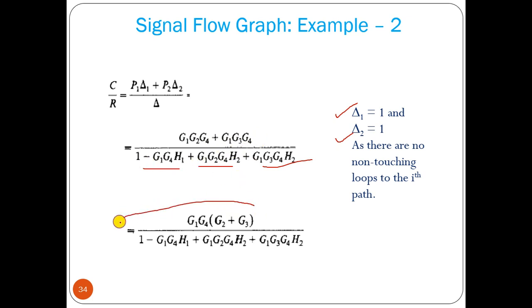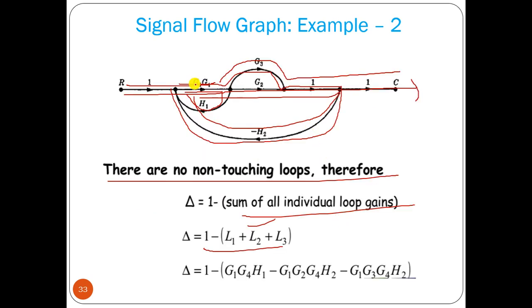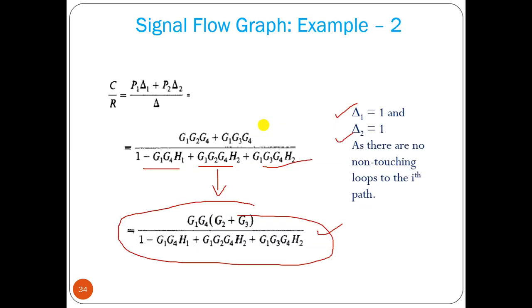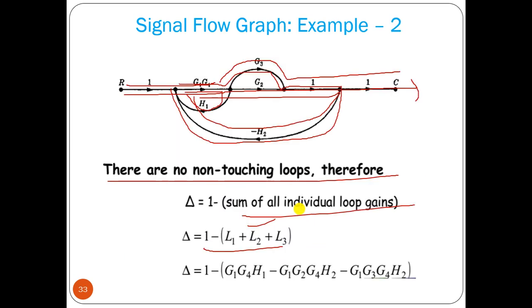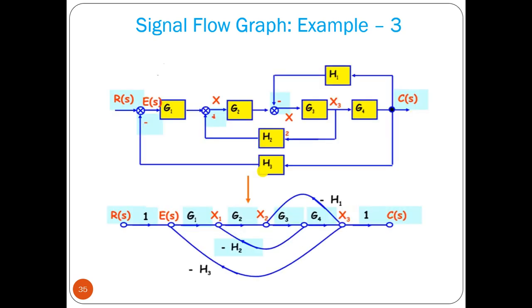We can take G1 G4 as a common factor and find the overall transfer function. If we represent this signal flow graph using a block diagram, we would have to apply the block diagram reduction technique to find the transfer function. But from the signal flow graph we can find the transfer function directly using Mason's gain formula.